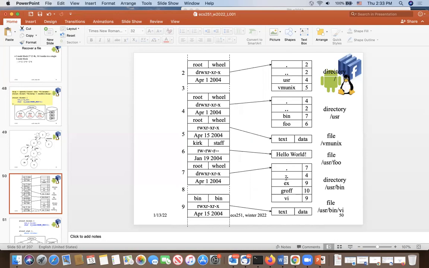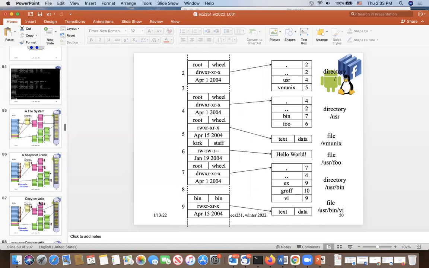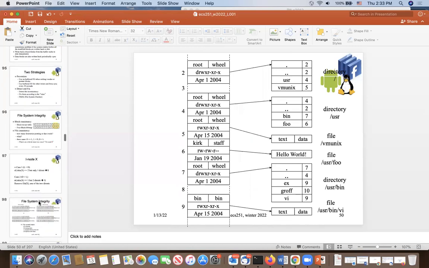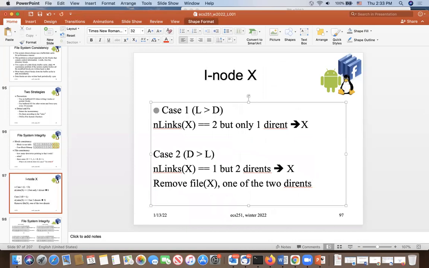So in this case, D is 2 because you have 2 directory entries. If I remove this, after the remove your D is going to be 1. But your n-links, which is your L, is going to be 0.